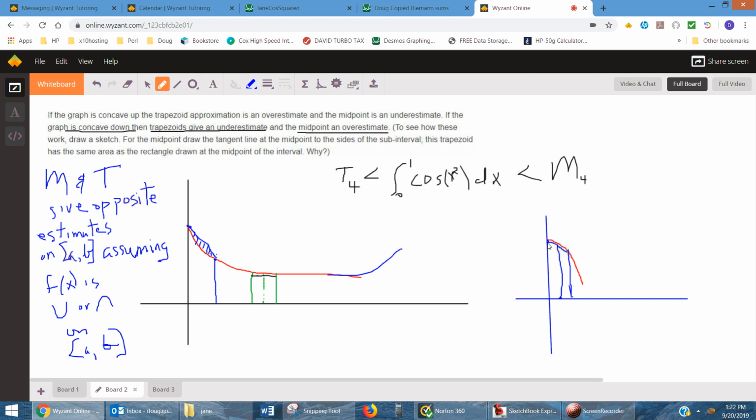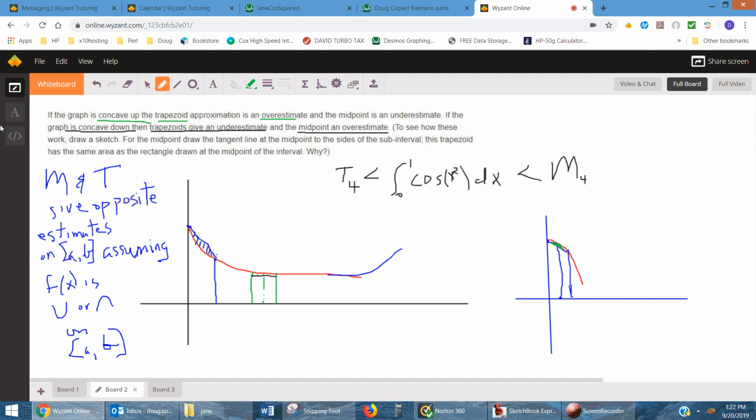And if I had a concave downward curve, then I'd be underestimating by this little area right here for the trapezoidal rule. So, up trapezoid, over. It's maybe how I would try to memorize that. Up trapezoid, over, and then everything else is opposite.